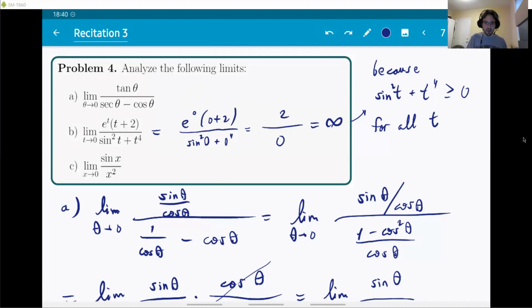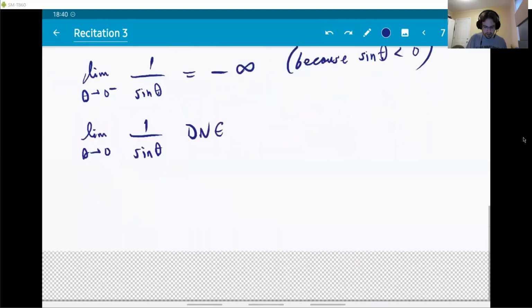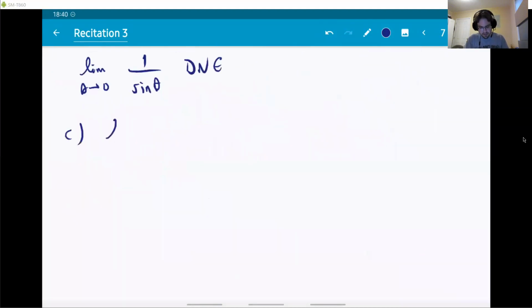And C is a trick question. Sine x over x squared. I mean, it's not a trick question. You at least realize that you cannot simply plug in. If you plug in 0, sine of 0 is 0.